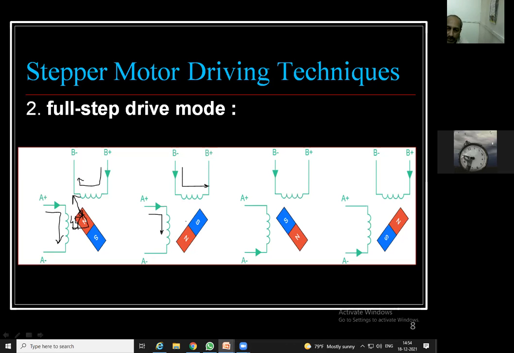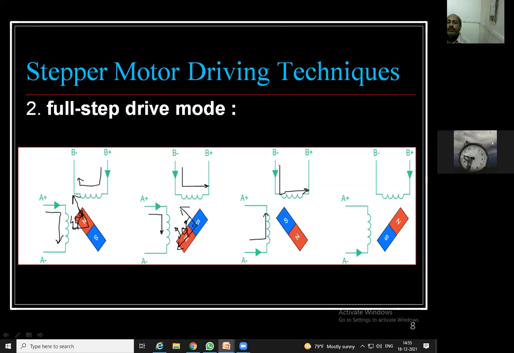Due to that, if this is the center, from this position it goes to this position, so it is a total 90 degree step angle in this direction. Then the third step: the current from A is now reversed, but for B coil it remains the same, that is negative to positive.